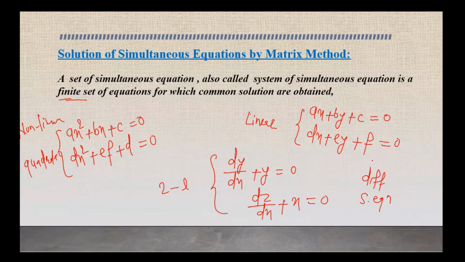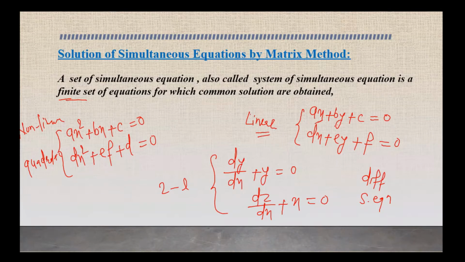So these are the various forms of equations, but in this topic we learn the evaluation of simultaneous equations in linear form. Linear form is of the form ax plus by plus c, and there is a set of this type of equations. The problem may come with 2, 3 or 4 equations, and we have to obtain the solution, which means finding the values of the unknown variables.